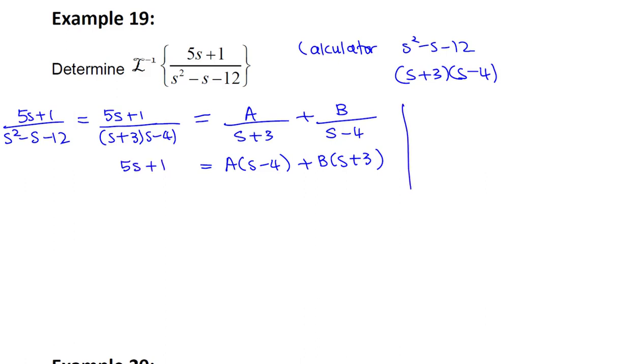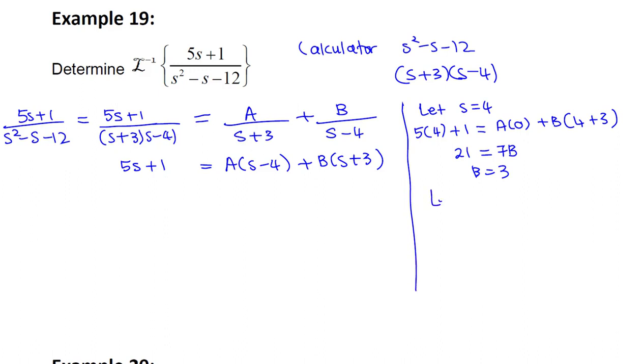So you can get what is A, what is B. Let s equal to 4. So you will get 5(4) plus 1 equal to A(0) plus B(4 plus 3). This one is 21 equal to 7B. So B is equal to 3.